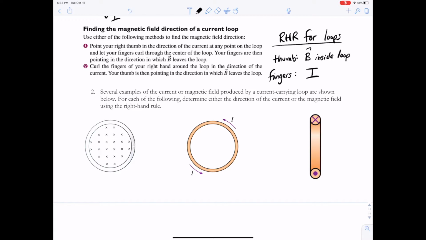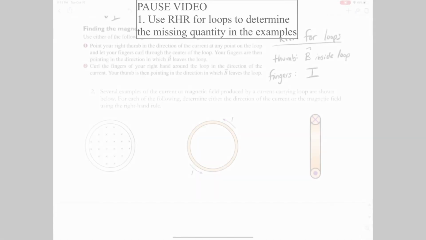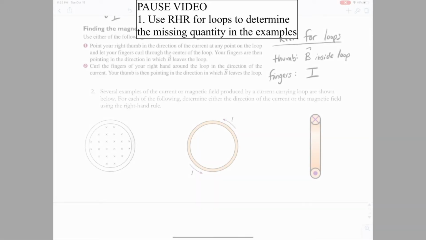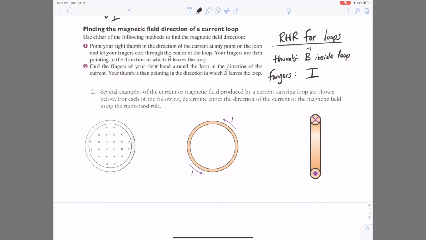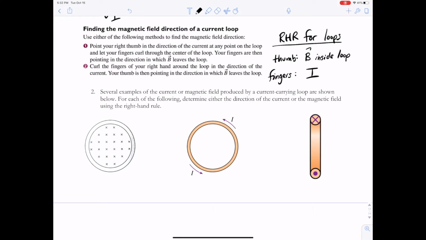For the example on the far left, the missing quantity is the current that creates that magnetic field. For the middle example, the magnetic field is missing, and again, the magnetic field is missing for the example on the far right. For the example on the left, I'll point my thumb into the page and then curl my fingers.